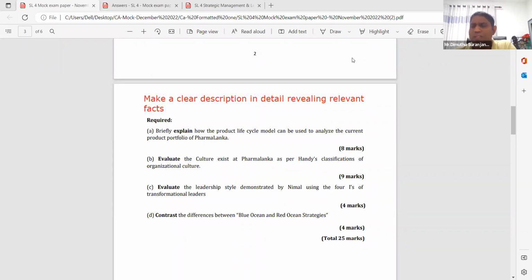Have you submitted the paper to CA Sri Lanka? Are they going to mark it? No, sir, we will only discuss. Okay. The answers will be shared tomorrow, because today we are conducting the discussion. So it's very important for you to understand your mistakes.